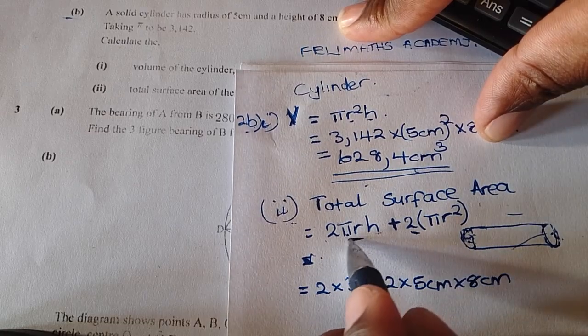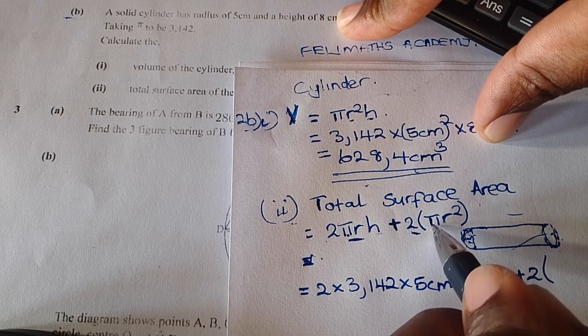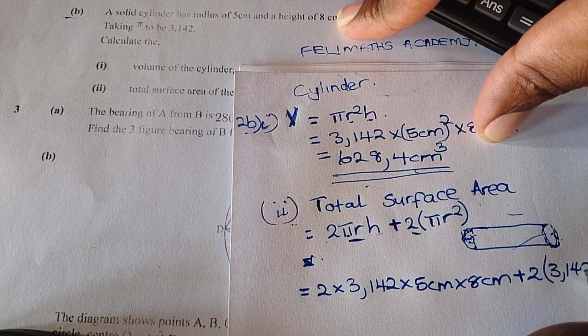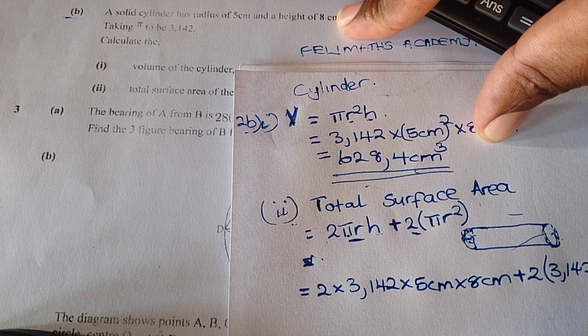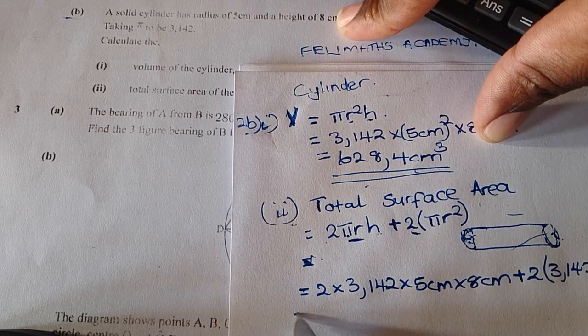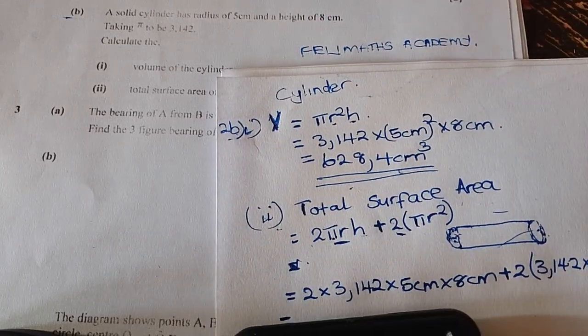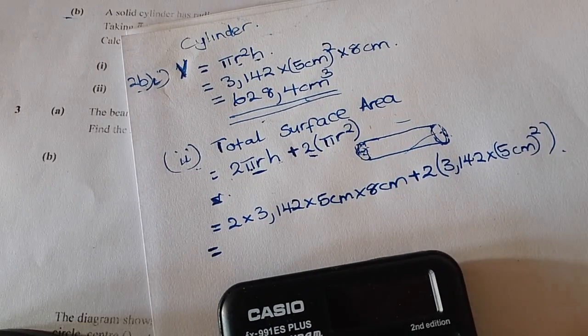We are done with this part. Add 2 times pi again, 3,142 times our radius, 5 centimeters, and we square it again. Right, so what do we get? Let's punch those figures into our calculator.